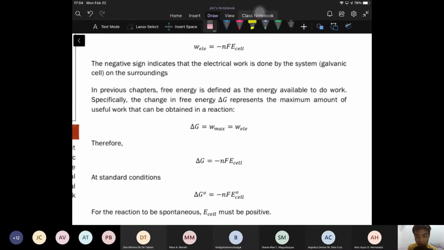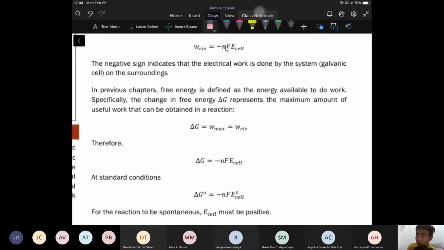Sabi kasi ng definition ng Gibbs free energy, siya yung maximum work. So, that means delta G is equal to the maximum work in your system. Since we are talking about electrochemistry, ang maximum work natin ay equivalent sa electrical work. So delta G is equal to W electrical.